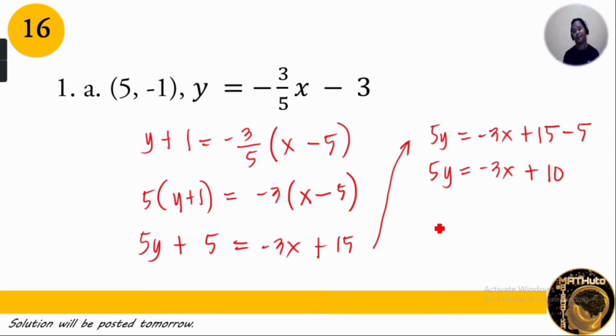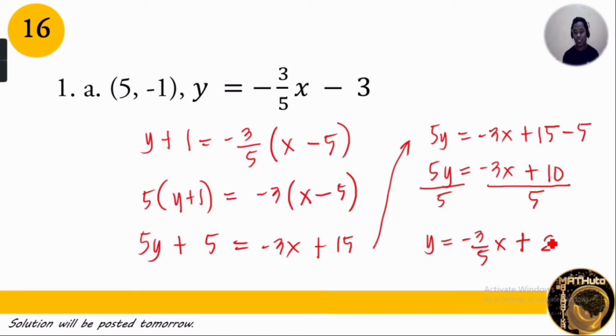Then, divide both sides by 5. Therefore, we have y is equal to negative 3 over 5x, since negative 3 divided by 5, so lowest term na po siya, plus 10 divided by 5 is 2.